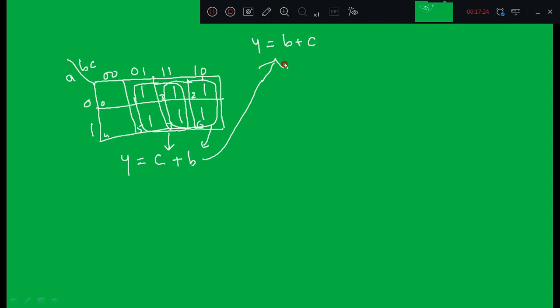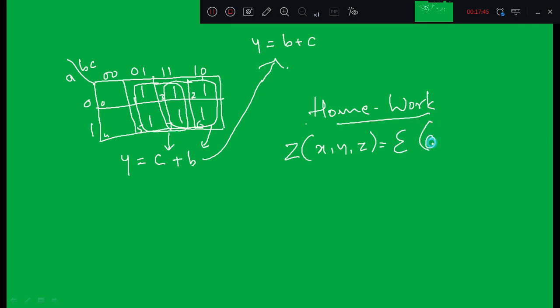In a similar manner, please work out this homework example. Z of x y z is equal to summation 0 1 2 3 4. You obtain a Boolean expression; the question remains the same, only the method is different. Till now we used to write a K-map, now we are going to use the QM method.